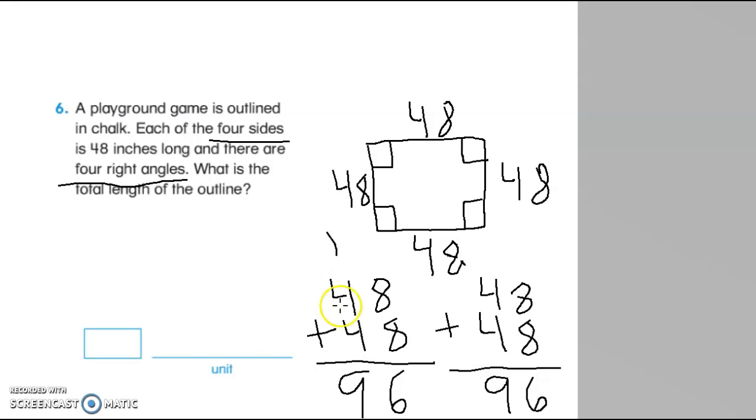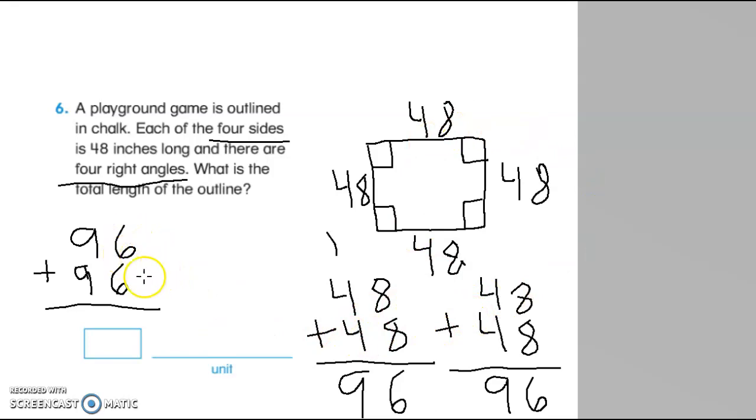I'm not done. I have 2 answers. I need to add them together to get one more. 96 plus 96. Again, these turned out really nice doubles for you. I don't know if your homework will be the same, but at least you know how to make it happen.